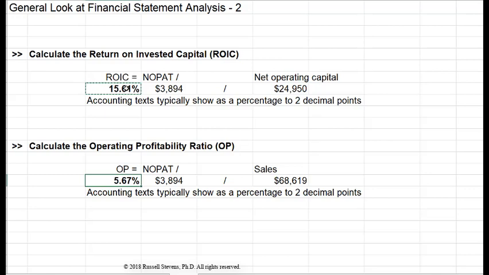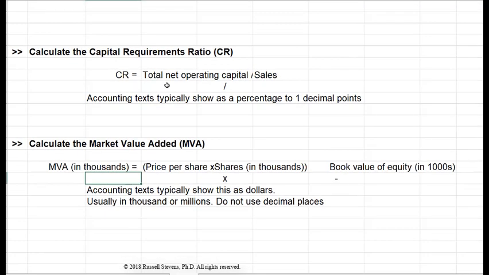The next metric, the Capital Requirements Ratio, CR, uses numbers that are most easily obtained from the two metrics that were just calculated. The total net operating capital of $24,950,000 was used in the Return on Invested Capital ratio. The sales of $68,619,000 was used in the Operating Profitability ratio.